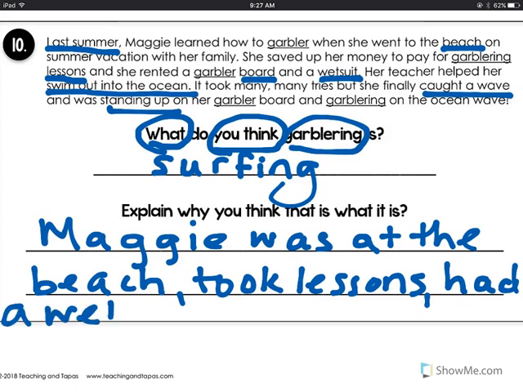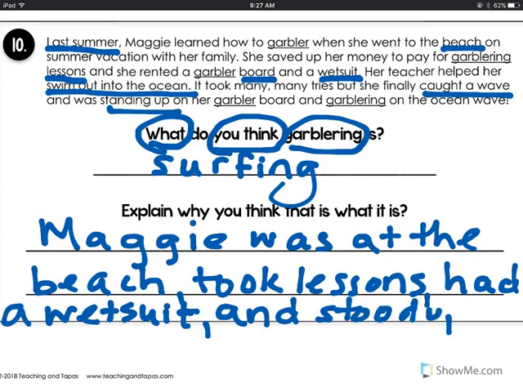I'm going to pick the biggest. Notice I'm picking the biggest ones that can prove it. Because I don't just want to pick, oh, she was at the beach and she was in the ocean, because that doesn't really tell us enough information. And stood up on her board. So I was able to prove it with multiple clues from the text.